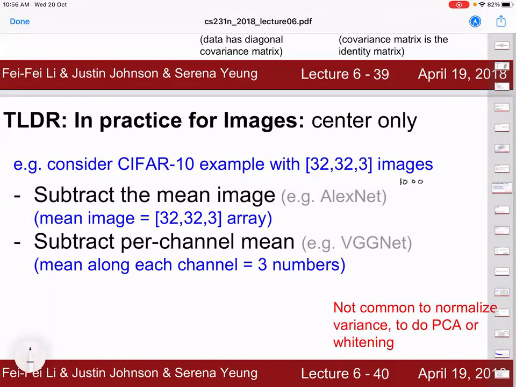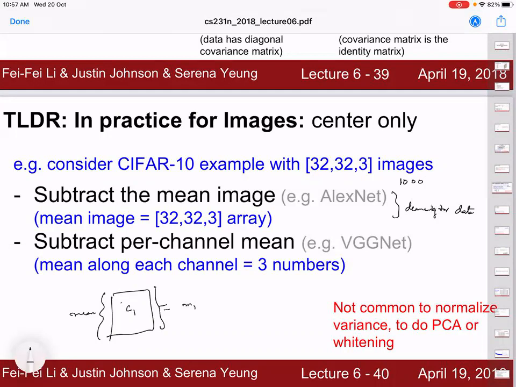The second kind is per image. This is demeaning per image. For each image, we take the mean of the channel, which is equal to one value. M1 for the first channel.